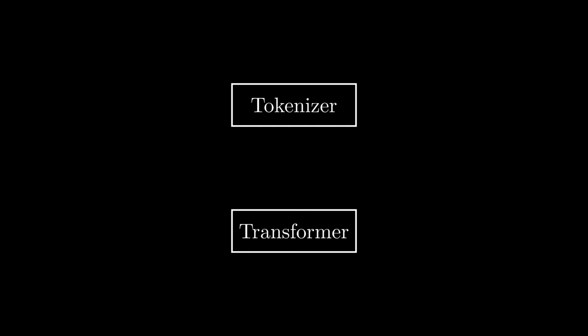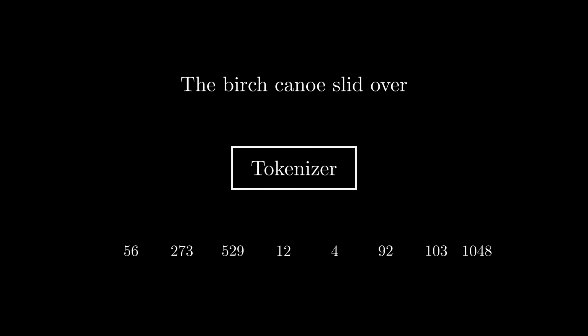To understand multimodal large language models, you must first understand normal large language models. Large language models are composed of two parts, a tokenizer and a transformer. Let's first focus on the tokenizer. The tokenizer takes in an input string and outputs a set of numbers related to that string.